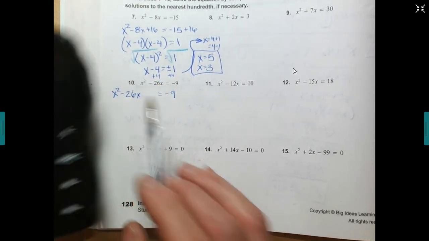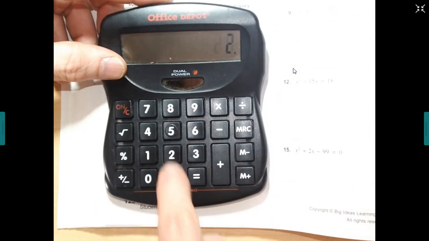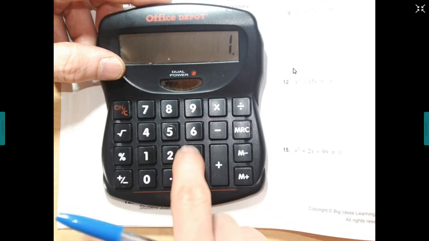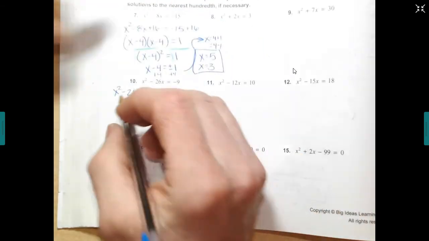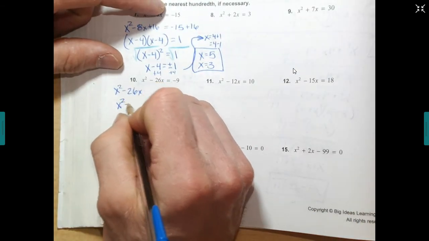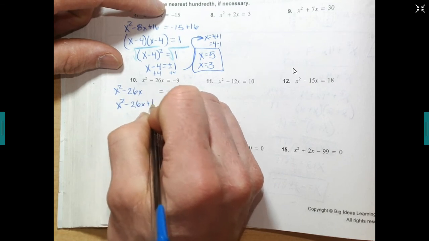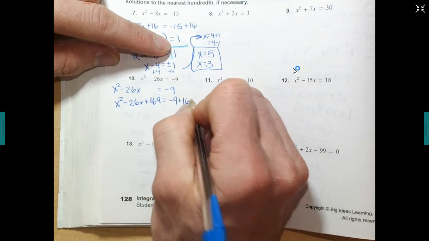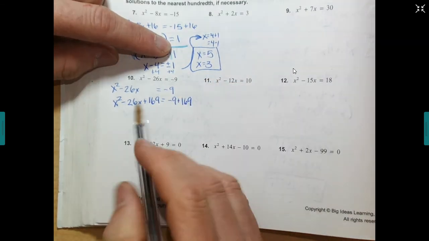I'm going to do half of 26. So half of 26 is 13. 13 times 13, so 13 squared is 169. So x squared minus 26x plus 169 equals -9 plus 169. So there's my completing the square.